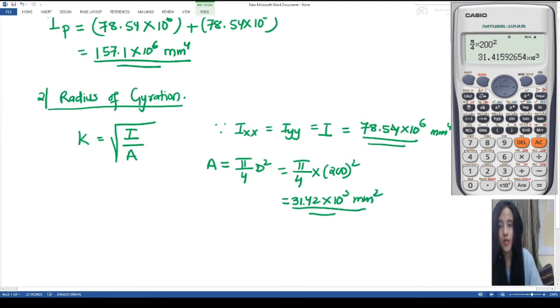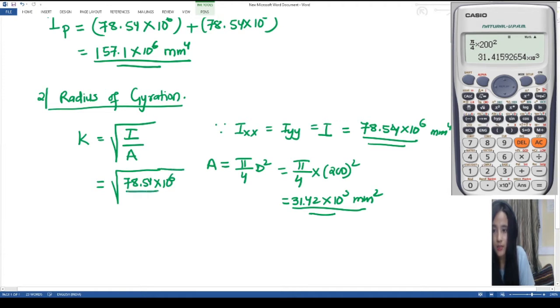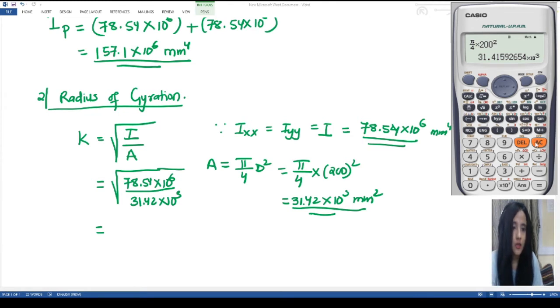Right? Now let's find the radius of gyration k. Now k will be equal to root over of I divided by area, which is 78.54 into 10 raised to power 6 divided by 31.42 into 10 raised to power 3. So we get 50.